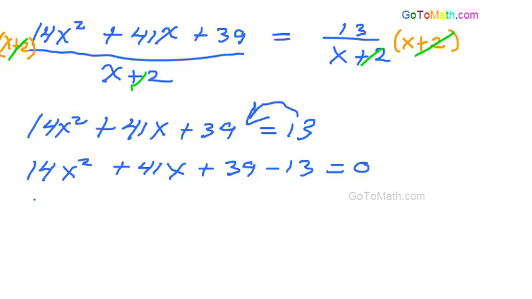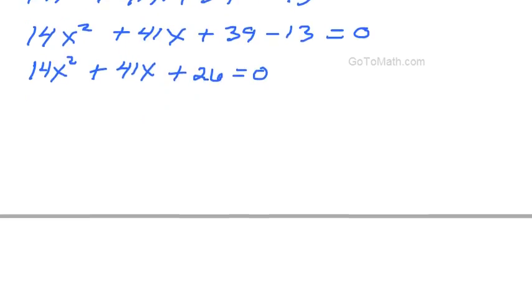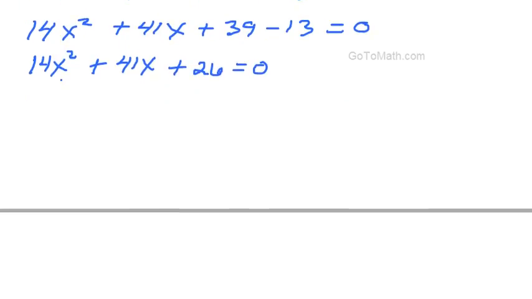All right, so let's rewrite this again. So we have 14x squared plus 41x plus 26 is equal to 0. Right. Okay, so we want to factor this, and we're looking at 14, we're looking at 26, and I'm going to go out on the line here.